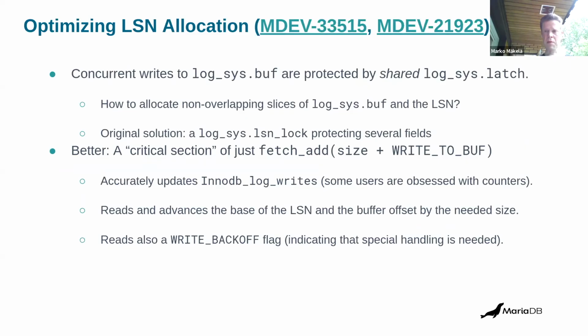Well, this had to be optimized further. Originally, it was the idea of Vlad Lesin to use a shared latch to protect the concurrent writes. I didn't come up with this in the first place. But the allocation of the buffer and the LSN used to be covered by a mutex that protected several fields, and this turned out to be a huge bottleneck.